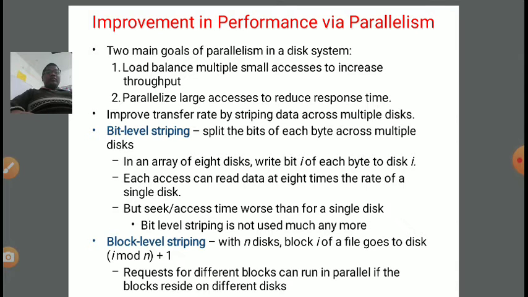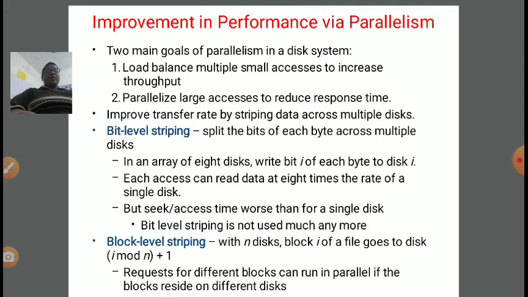Now, two main goals of parallelism in a disk system are load balancing, meaning multiple small accesses to increase the throughput, and parallelizing large accesses to reduce the response time.